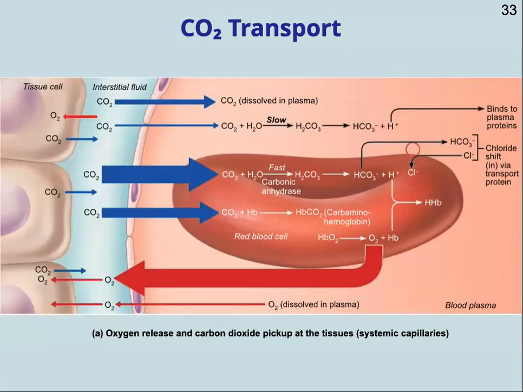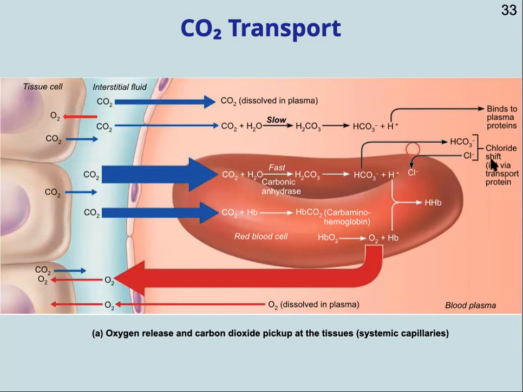And so in systemic capillaries, after that bicarbonate is created, it quickly diffuses from red blood cells into the plasma. And that outrush of bicarbonate from red blood cells is balanced as the chloride ion moves into the red blood cell from the plasma to counterbalance the negative electrical charge.